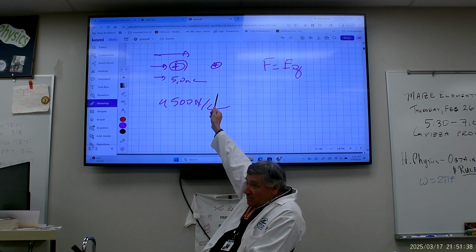Well, what else is it going to feel? It's going to feel pushed that way, and it's going to feel a force pointing in that direction also from the electric field.